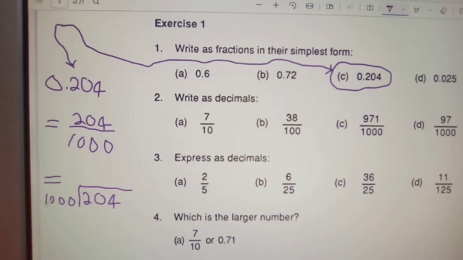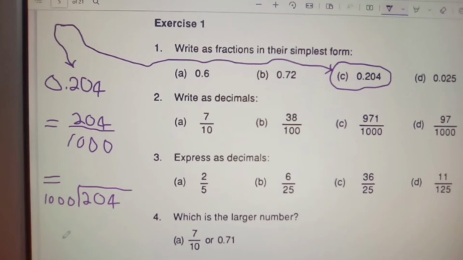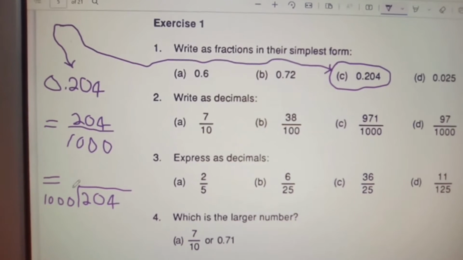So therefore we have 204 divided by 1000. Now what is that going to do for us? Well, 1000 into 204 cannot go, so we have to put a nought up here, and we put a decimal point.